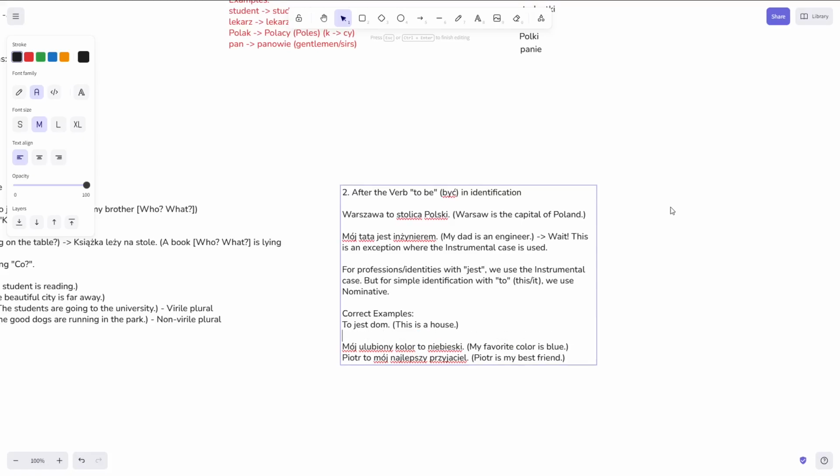Again, I told you earlier, this form is pretty common. X, to, Y. So, my favorite color, to, blue. Okay? And basically that's why the color is also nominative. Because my favorite who or what is blue.